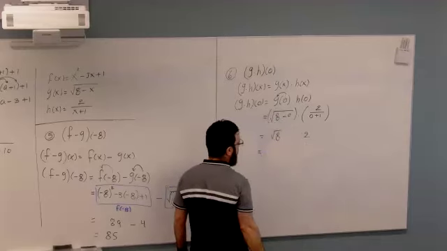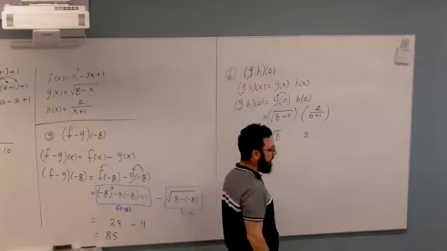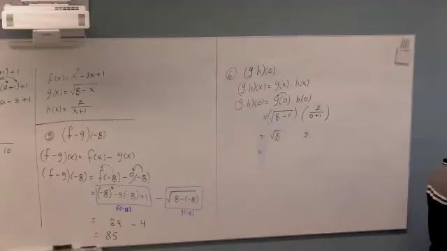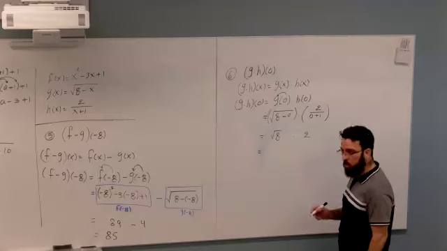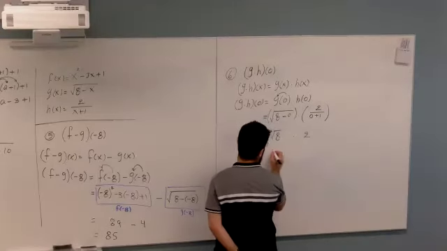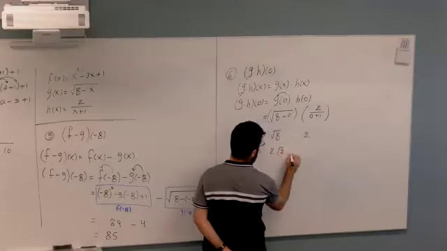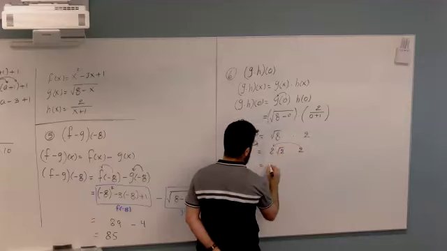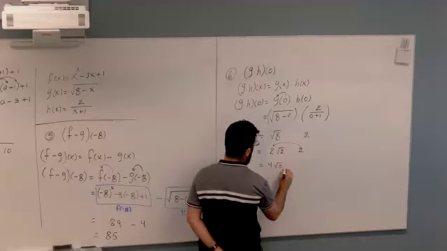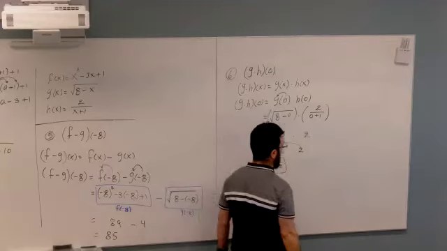Can we simplify it more? What's the square root of 8? Two square root of 2. So 2 square root of 2 times 2. Now can I multiply this 2 with this one? So it's going to be 4 square root of 2. That's it.